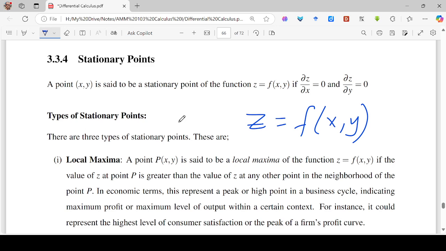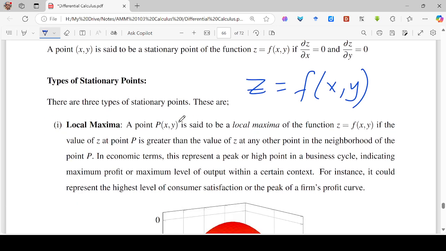The first one is what we call the local maximum. So we say a point P having the coordinates x, y is a local maxima of the function z equals f of x, y if the value of z at point P is greater than the value of z at any other point in the immediate neighborhood of the point P. In economic terms, for example, this may represent a peak or a high point in a business cycle, indicating the maximum profit or maximum level of output within a certain context.